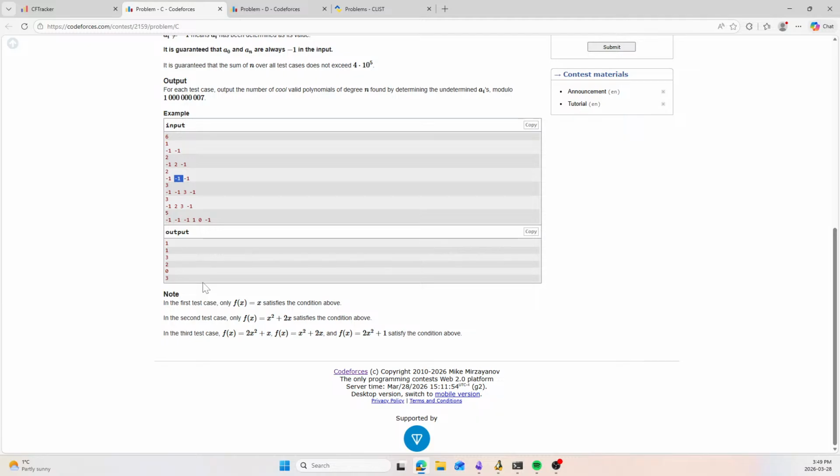So it would be equal to 2x0 plus 0x2. So it'd just be 2 plus x.